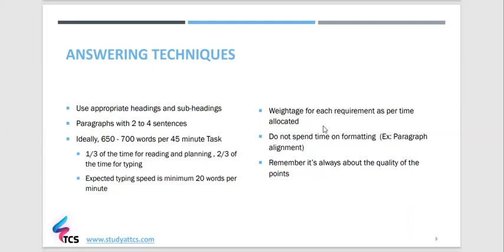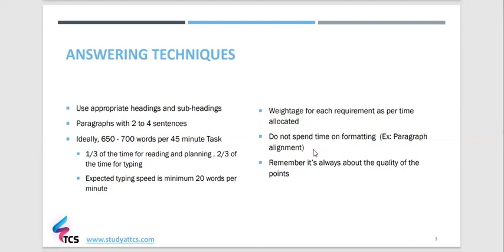So based on the weightage, if a certain subtask stipulates 50 percent weightage, what it means is, out of the total mark for the task, 50% is allocated for subtask number 1, and out of the total time allocation, 50% of your time should be spent on subtask number 1. Okay, so that's that.